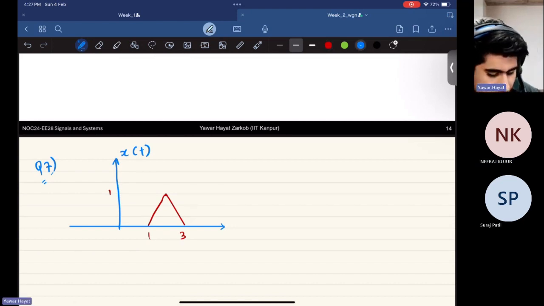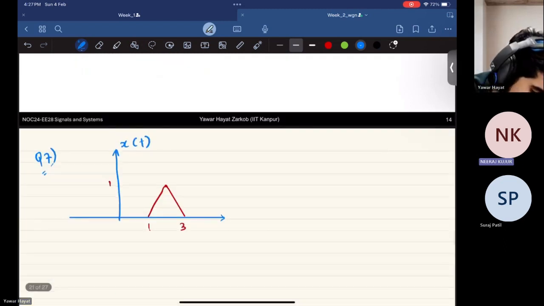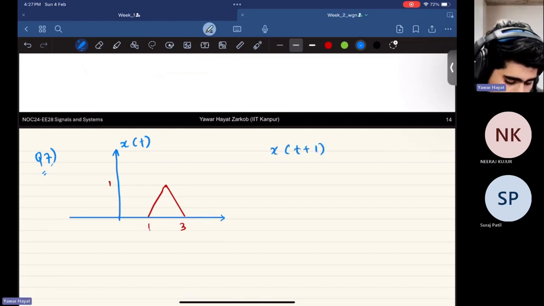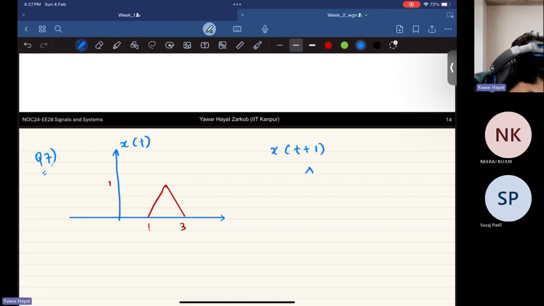Which shifting should I perform? Should I delay it or advance? Advance, sir. So I should do x of t plus 1, right? When I do that, I'll get this signal.